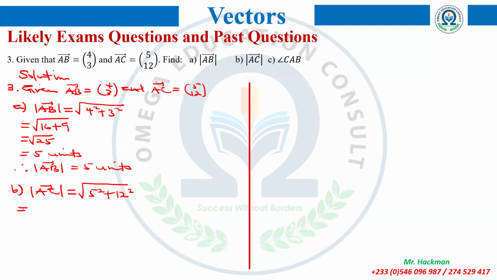So let's continue. Equal to, you come close to the margin, root of 25 plus 144, which will give us 169. Which will be equal to 13.